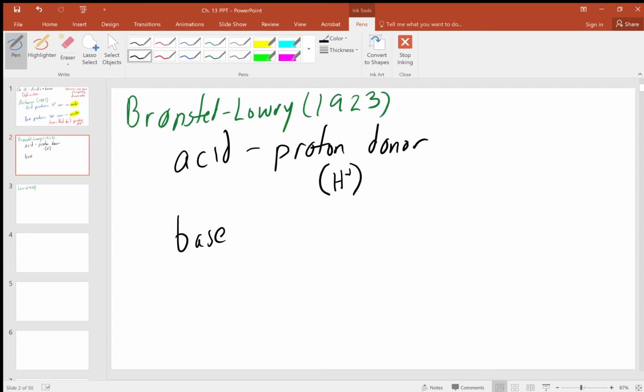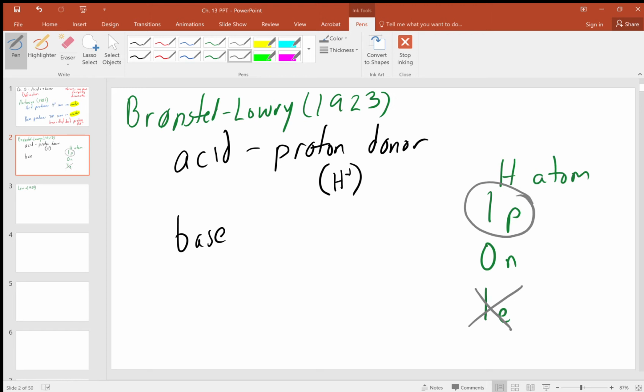Now that should make some sense because a hydrogen atom is 1 proton, no neutrons, and 1 electron. So what happens if it's H+? Well, that means it's lost its electron. And so what's left is 1 proton.